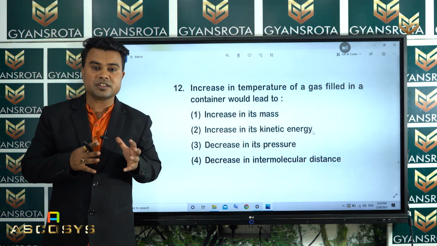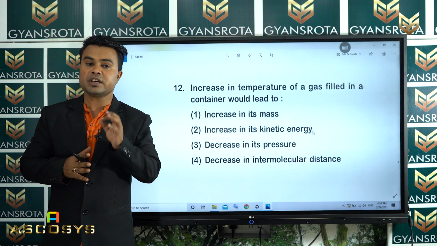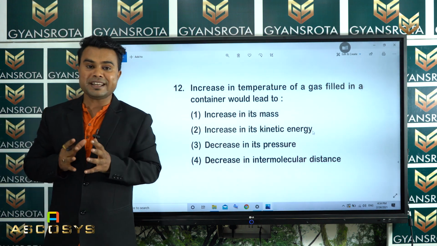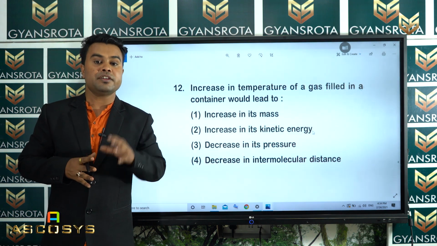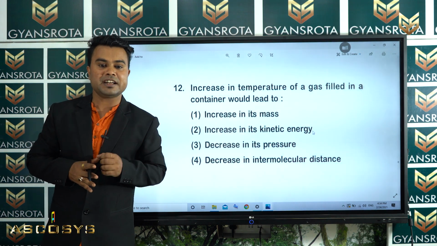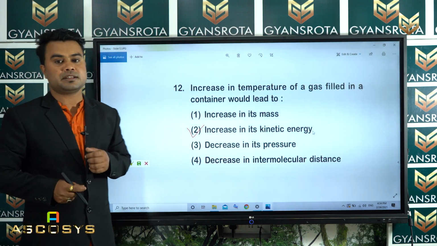That means the kinetic energy is directly proportional to the absolute temperature. No need to go for the expression, we can directly answer this. If you increase the temperature, kinetic energy will increase. So option 2 will be your right answer, right?